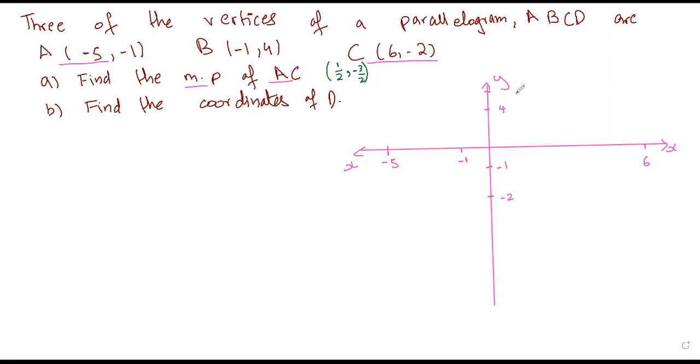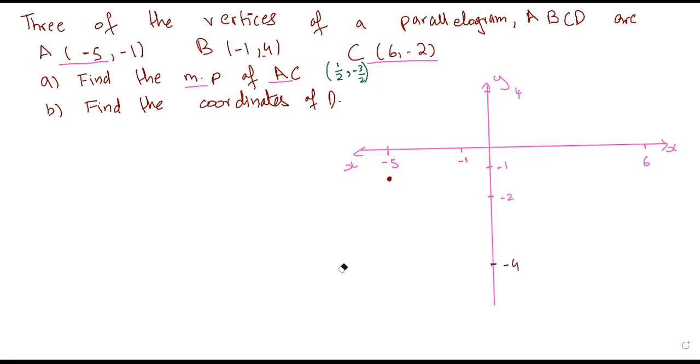Let's write this as 4. Okay. So first point is -5 and -1. This is the first point. There it is -1 and 4. Okay, wait. This point is -4, which means we will have -4 here.